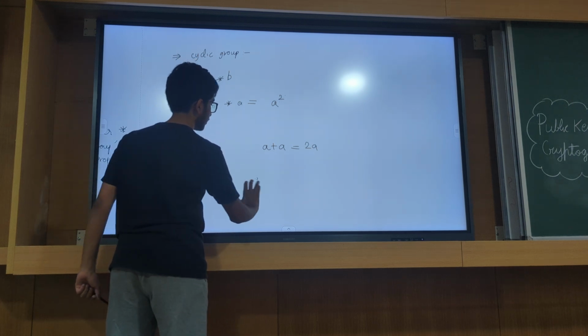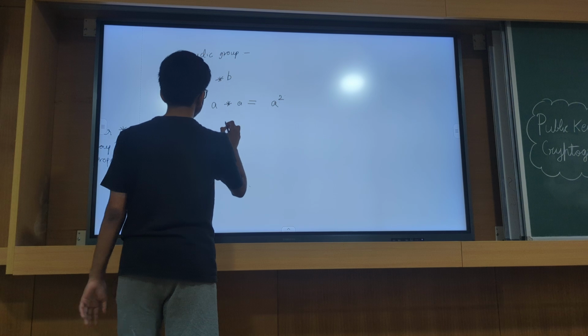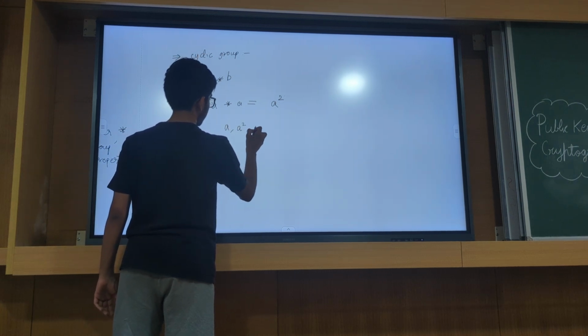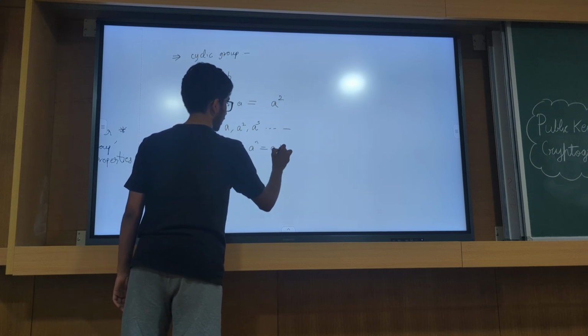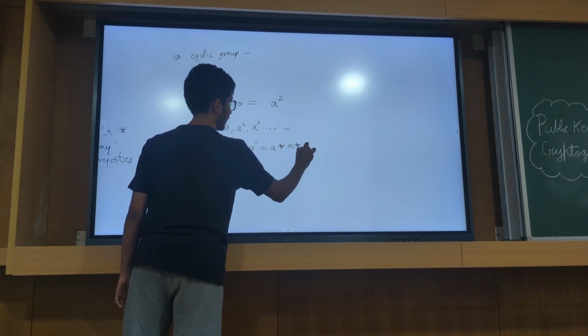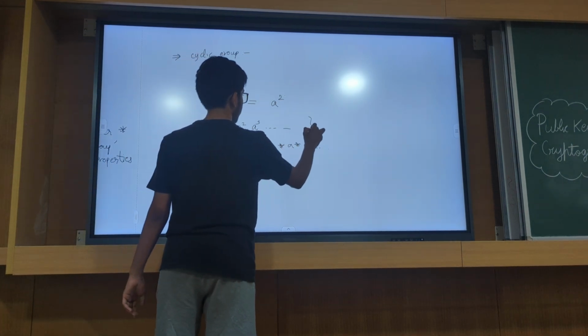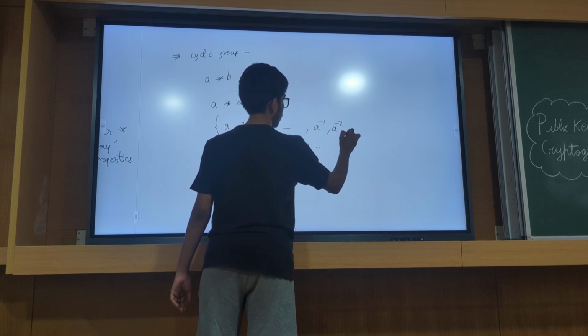I am just telling that A square means A star A. That is the definition. Okay. Then if you take the set of elements A square, A cube, and so on, where A power n means A star A and so on, n times. And also you take A power minus 1, A power minus 2, and so on.